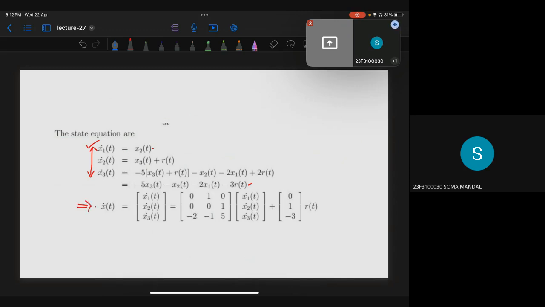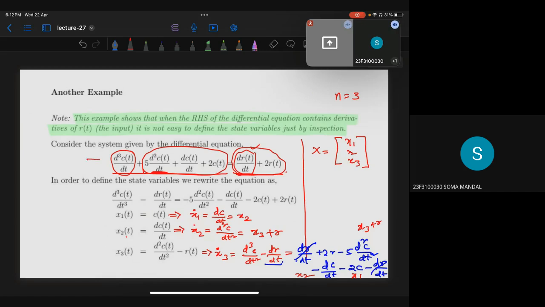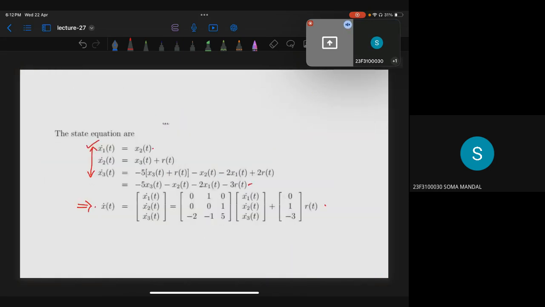Given that it is a third order differential equation including the derivative terms, we have these A and B matrices. Again, the same thing: we can directly write the matrix A from the differential equation in the opposite order. So this is called converting a higher order differential equation into phase variable canonical form.